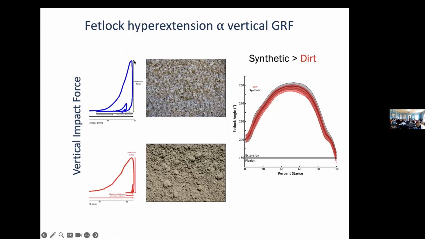Interestingly, the synthetic surface was almost as hard as a rock. It was never worked, it was hard packed, and the impact forces were greater. Correspondingly, fetlock extension was much higher on the synthetic surface than on the dirt surface. So the same relationship holds, and importantly, it's more related to the behavior of the surface than the surface itself and how it's managed.